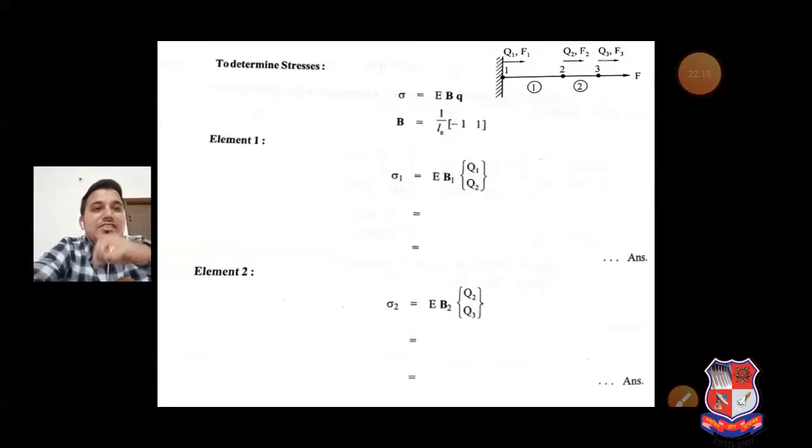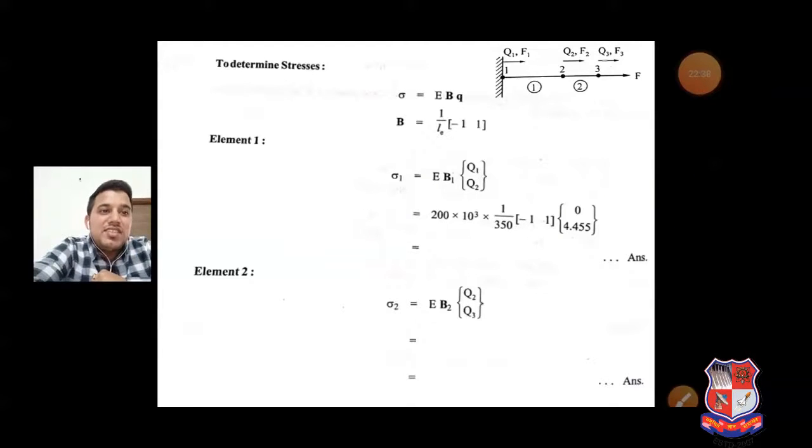Let's start the final step to determine the stresses. We again say that stress is equal to E into B into Q. B is equal to 1 upon Le times minus 1, 1. For element number 1, we are putting the value, E is equal to 200 into 10 raised to 3, 1 upon L1, so it is 350, minus 1, 1 as per the diagram, and 0, 4.455.